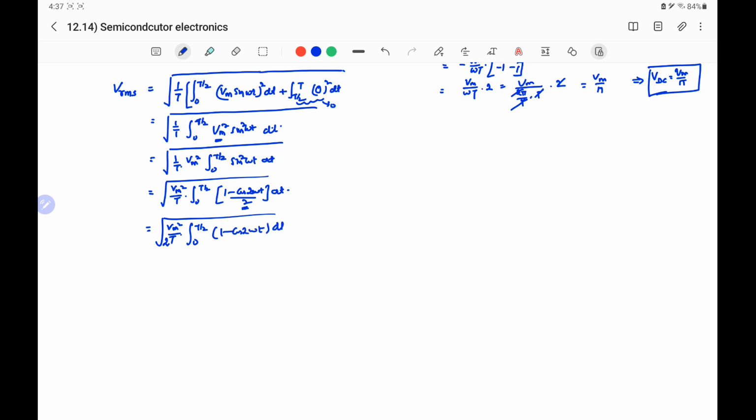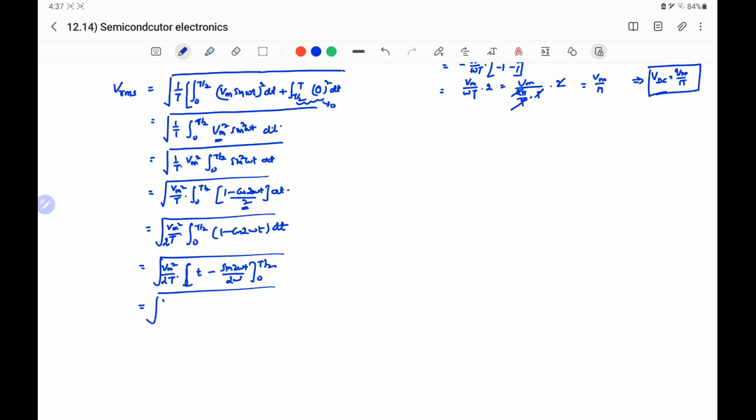Now integrating, we will have the square root of Vm square by 2T integral. Taking the integral of 1, it is t, minus the integral of cos 2 omega t, which will be sine 2 omega t by 2 omega, and the limits are 0 to T by 2.